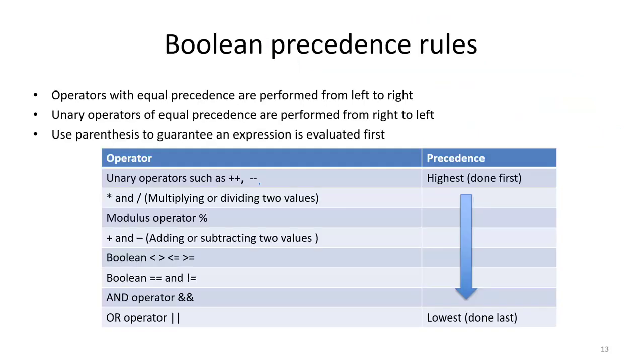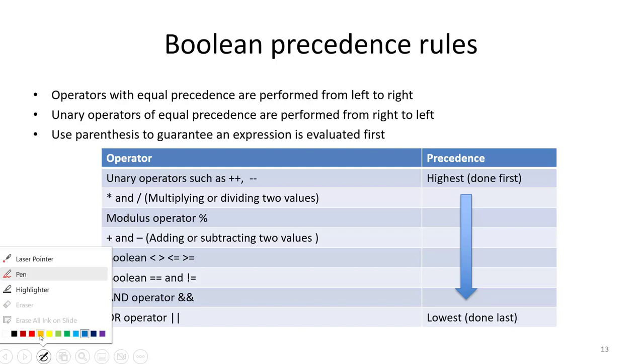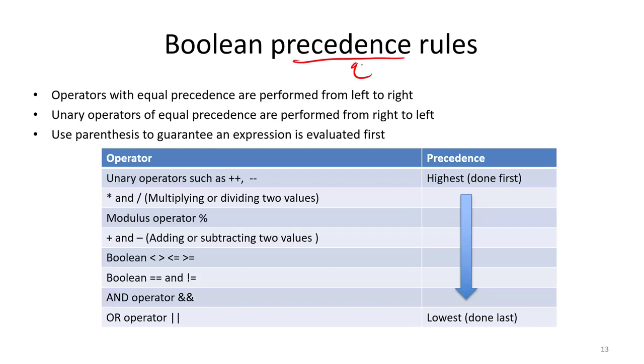Okay, when we talk Boolean operators, it's also important to talk about precedence. When we say precedence, we're talking about order of operations, or which expression is evaluated first. So the general rule is that if an operator has equal precedence with another, we perform those operations from left to right. Kind of similar to math, right?